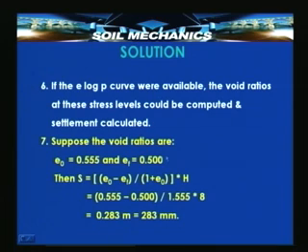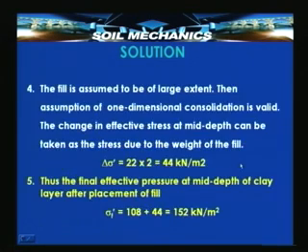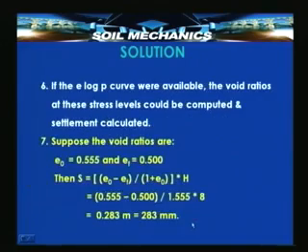Suppose we know the initial and final void ratios corresponding to these two levels of stress, that is corresponding to whatever we saw in the previous one, corresponding to this 108 kilonewton per meter square and corresponding to the final stress of 152 kilonewton per meter square, then we can calculate the settlement.